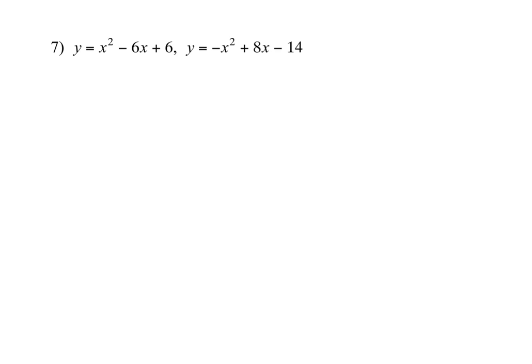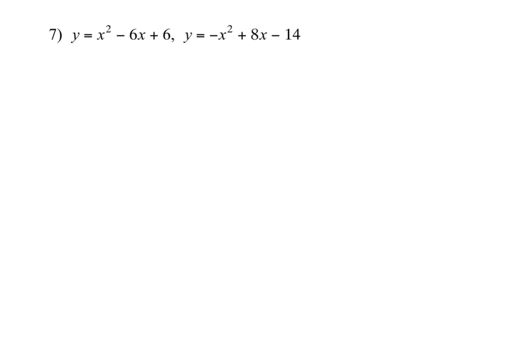So you'll notice here, I don't have any other boundaries. I just have the two functions. So my first step here looks a little bit different. For my first step, this one, I need to set them equal to each other. x squared minus 6x plus 6. Where does that equal negative x squared plus 8x minus 14? I'm going to move everything to one side and solve for where those are equal.